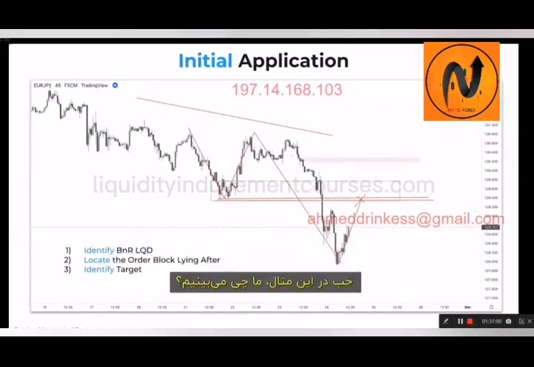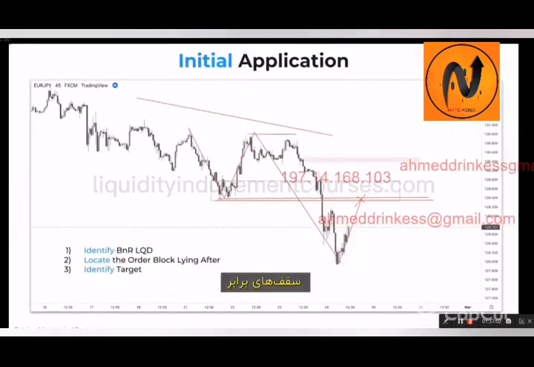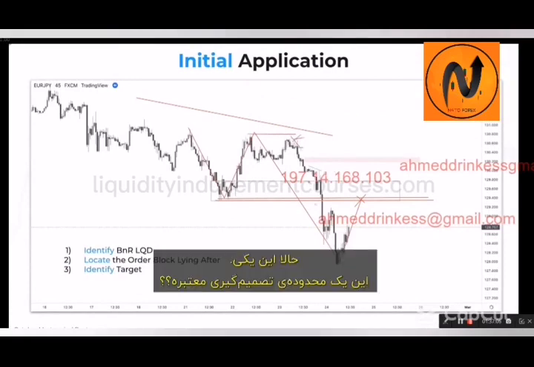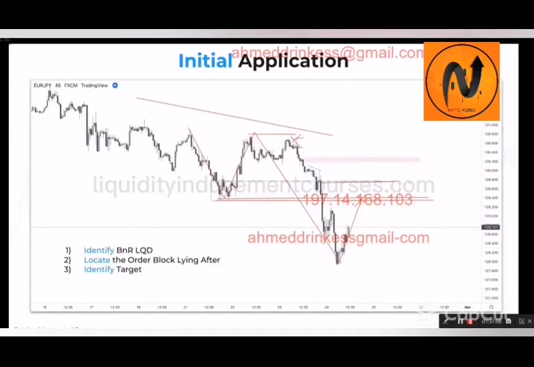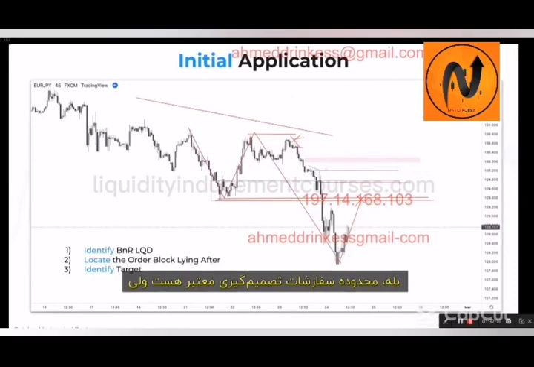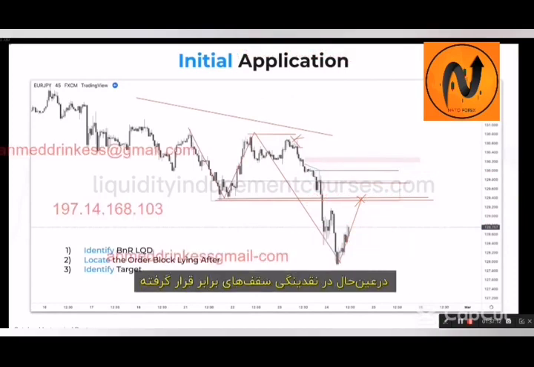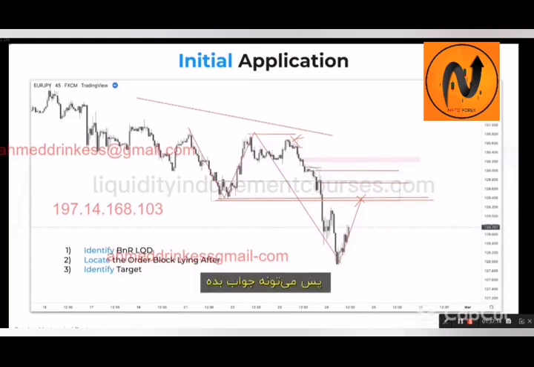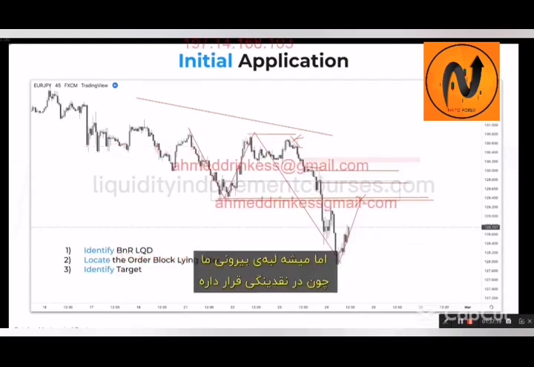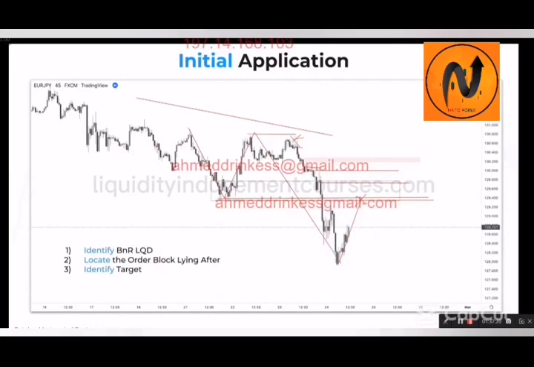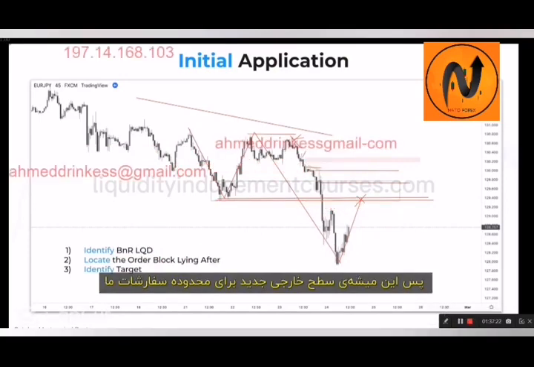So in this instance, what do we see? Equal highs. Is this a valid order block? No. Is this a valid decisional? This is a valid decisional, but it's also lying at equal high liquidity. So this could work, right? This could work, but our extreme, because it's lying at liquidity, this becomes our new extreme.